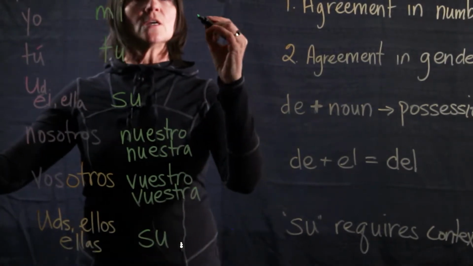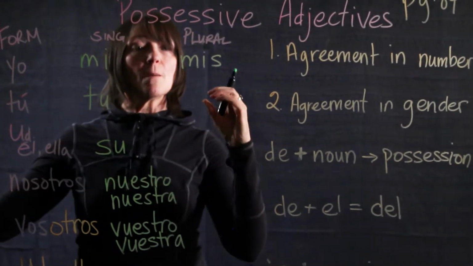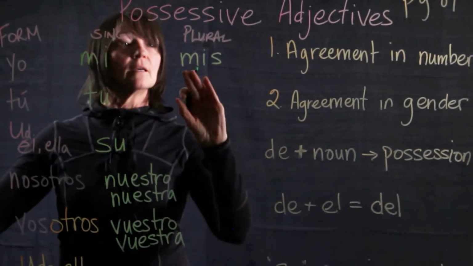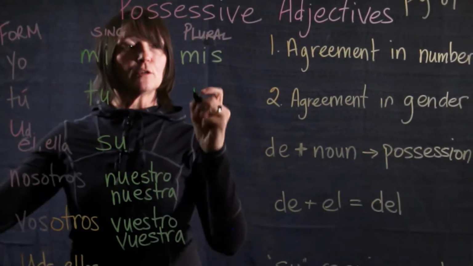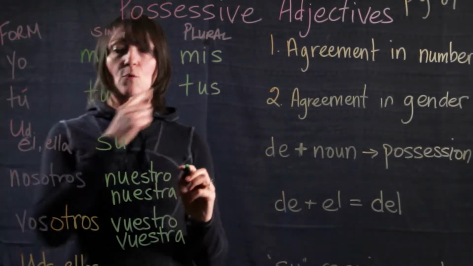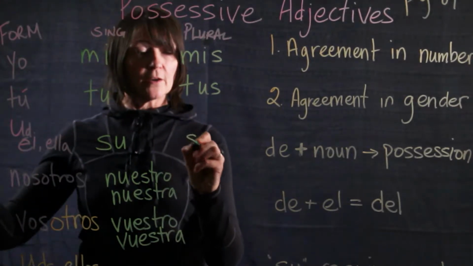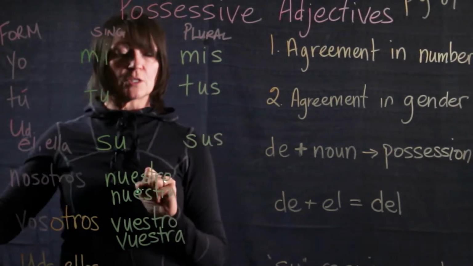number and gender. So here, if you're talking about something that's plural, my books, mis libros. So the plural form is mis for my. Here, it's tus for your, singular, informal. Here, you may have guessed, sus.